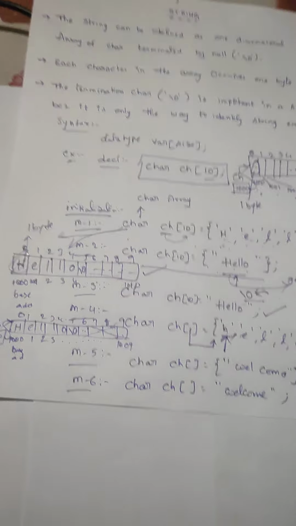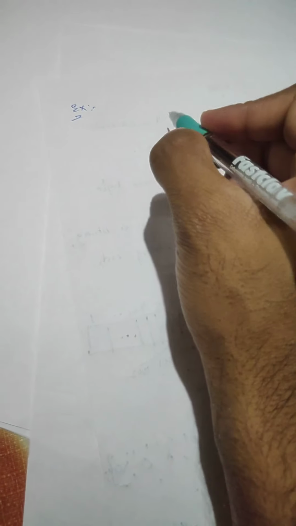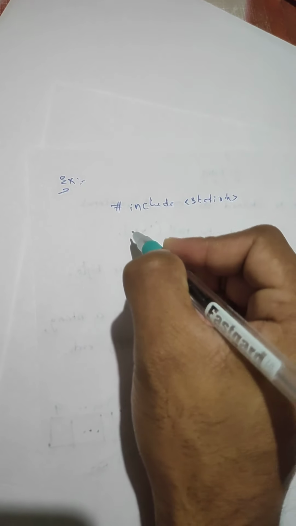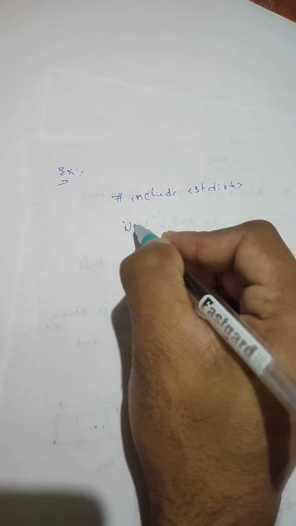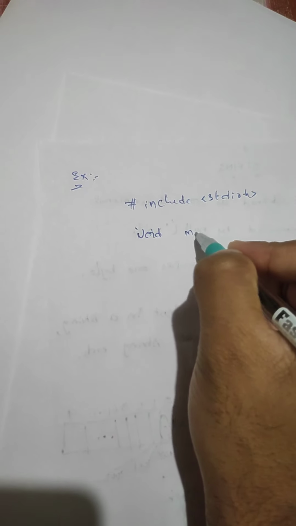Next we'll see a simple example. First, #include <stdio.h>. After that, take the main function: void main.